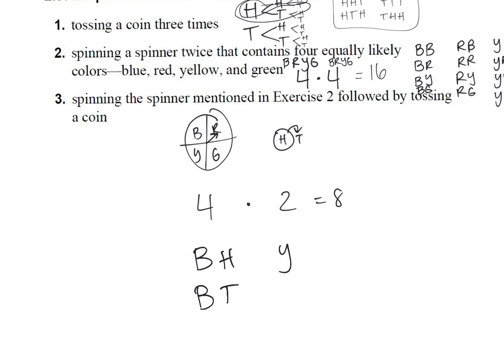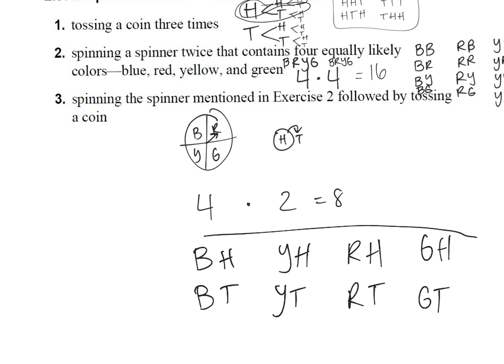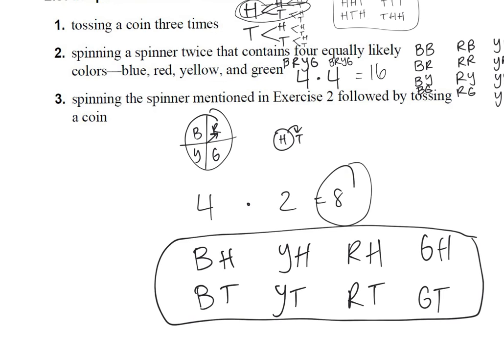So there's going to be 2 possible outcomes if you spin yellow. So you could spin yellow and flip heads, or you could spin yellow and flip tails. What other color could we spin? Red with heads or red with tails. You could also spin green with heads and green with tails. How many are there total? There's 8.